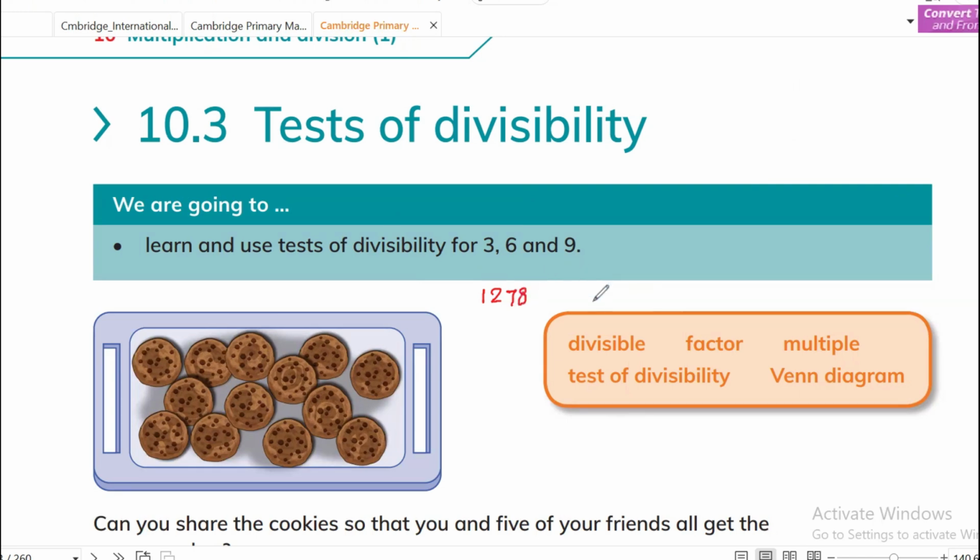So here we have a 4-digit number, yes? If I add all these digits, 1 plus 2 plus 7 plus 8, it is equal to 2 plus 1, 3, 3 plus 7, 10, 10 plus 8, 18. And remember 18 is divisible by 9, yes?